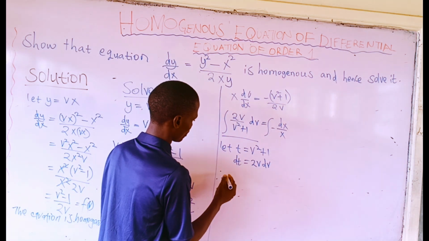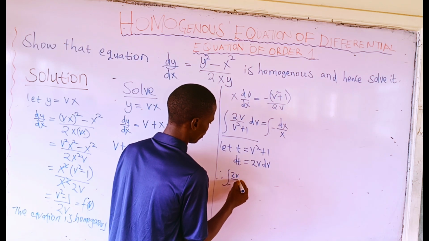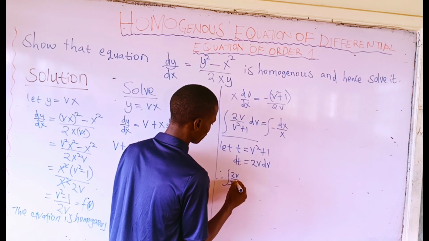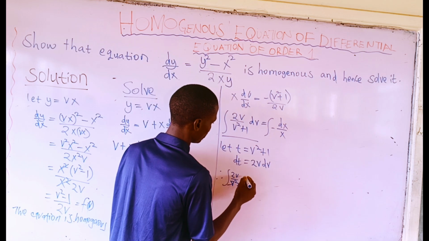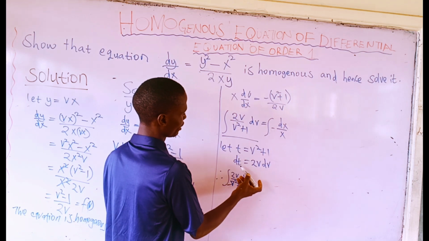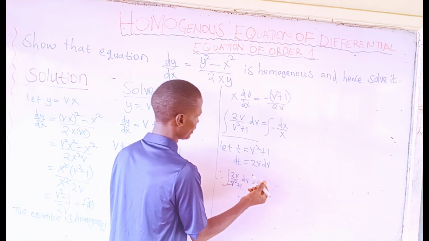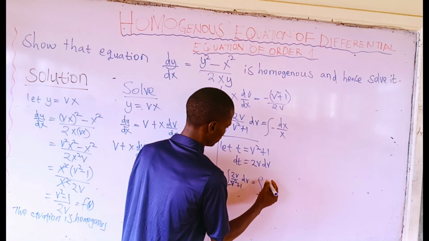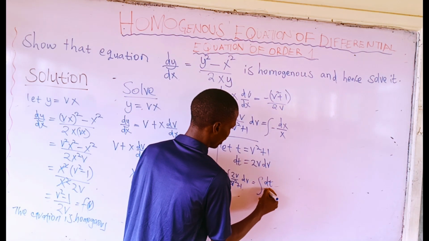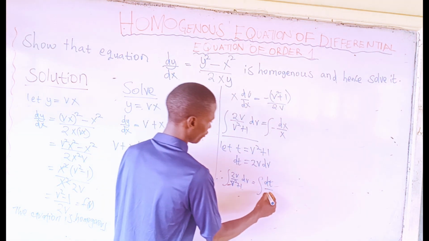Therefore, the integration of 2v over v squared plus 1 dv is the same as, where there is the value of 2v dv, we are going to replace it with dt. So it's going to give you dt, and where there is the value of v squared plus 1, we're going to replace it with t. So over t.